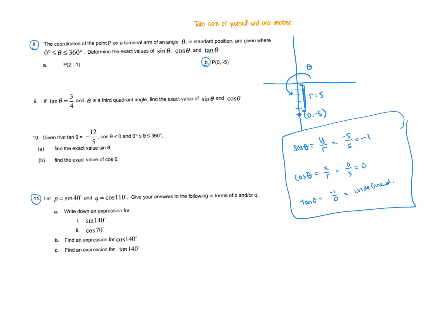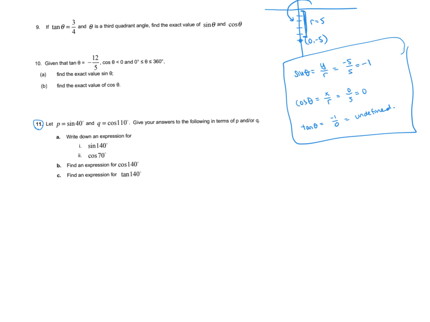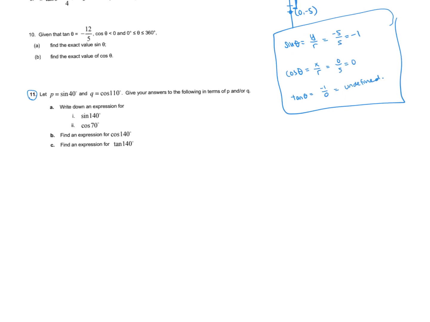Okay, so we actually end up with -1, 0, undefined. That's for 8b. Then for 11, it says sine of 40 degrees is P. So over here, we're going to have 40 degrees. And the sine value, so the y value, we don't know what the x value is. The y value is P, okay?